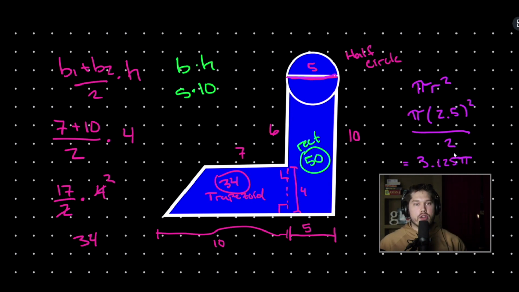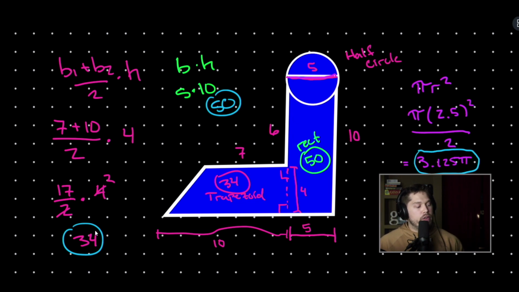Lastly, if we want to know the total area, we need to sum all of these values, the 34, the 50, and the 3.125 pi. 34 plus 50 is 84.